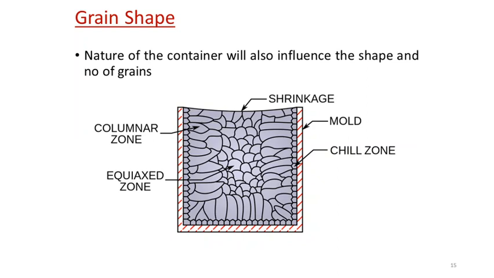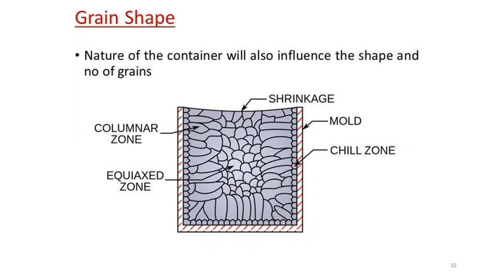The chill zone is very close to the walls of the mold cavity. When we proceed inside, we can see that from the very fine grains, the length of the grains is getting increased. So initially at the end we have the chill zone, the very fine grains, and from there we see an elongation in the grain shape.